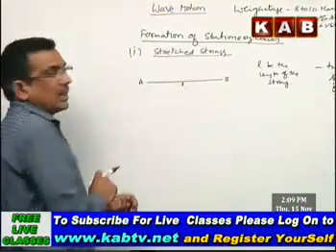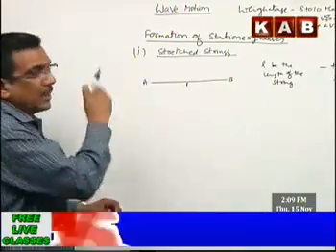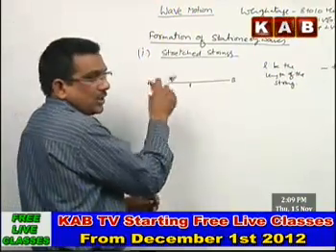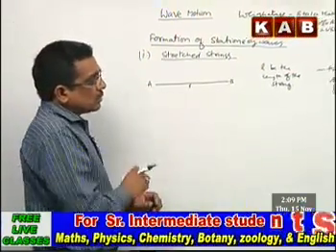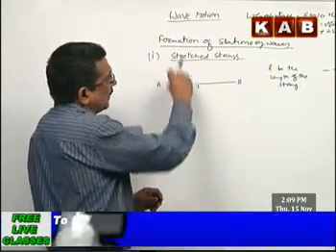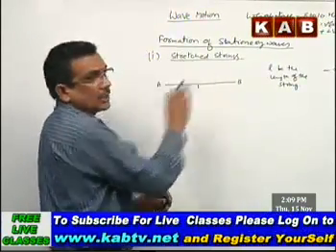When this string is plucked at the middle by applying an external periodic force, what happens? In strings, the progressive waves so formed are transverse progressive waves, because the particles vibrate perpendicular to the direction of propagation.